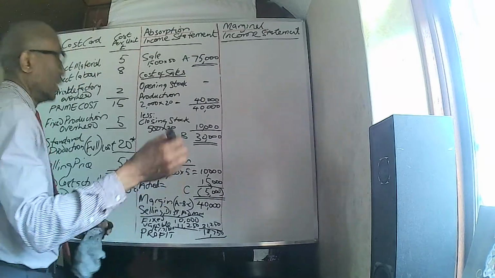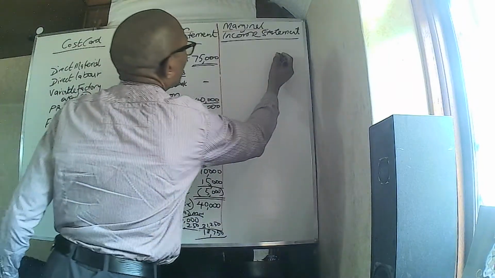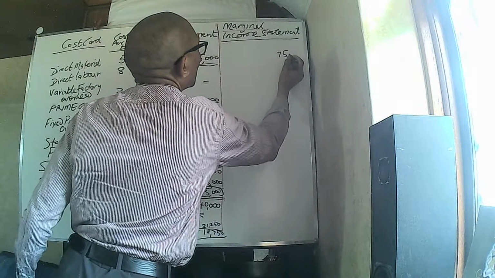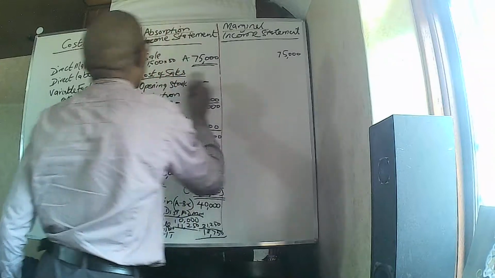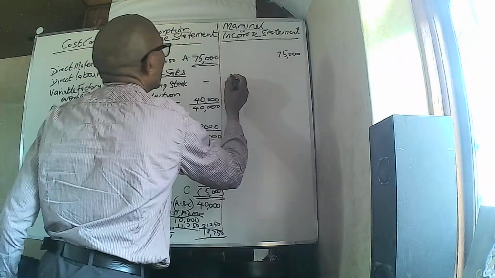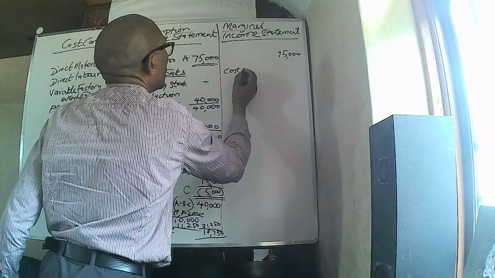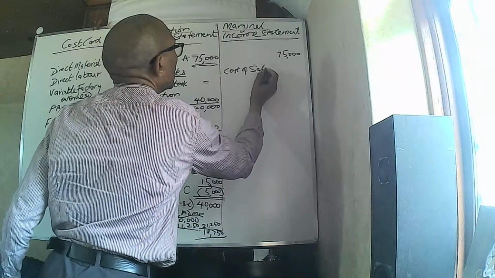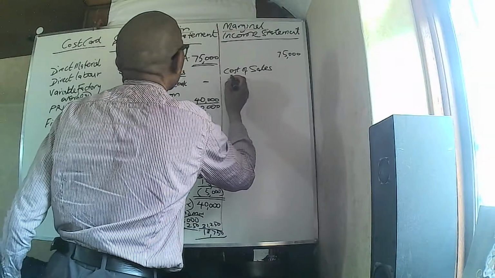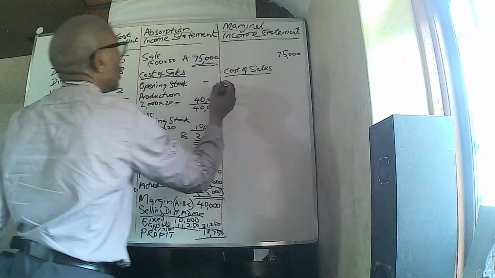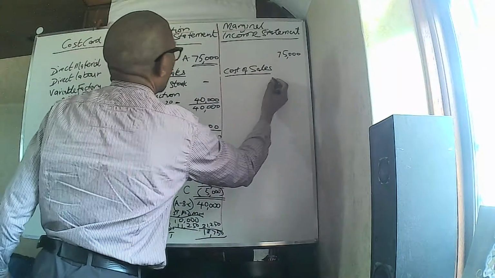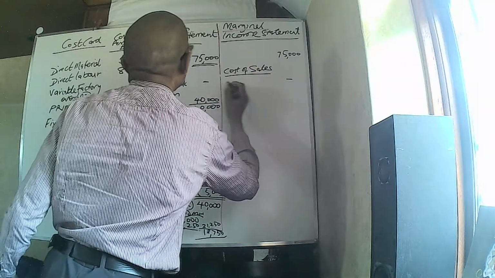So under marginal costing, let's go straight away. The turnover will be the same, 75,000. The difference will be in cost of sales. Opening stock is nothing again.